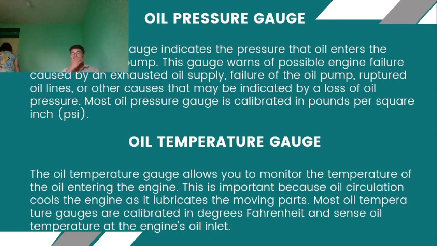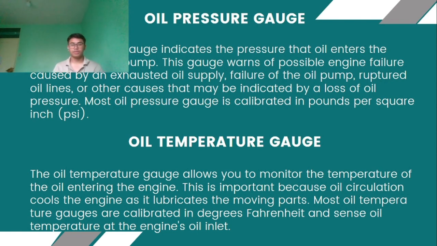So, dito naman sa oil pressure gauge at sa oil temperature gauge. So, gauge siya. Diba? Gauge. So, nag-indicate siya ng pressure na nag-enter sa ating engine. Tapos, nakakalibrated siya sa ating pounds per square inch. So, PSI. Yung pressure yun, PSI ang measure ng ating pressure sa ating engine.